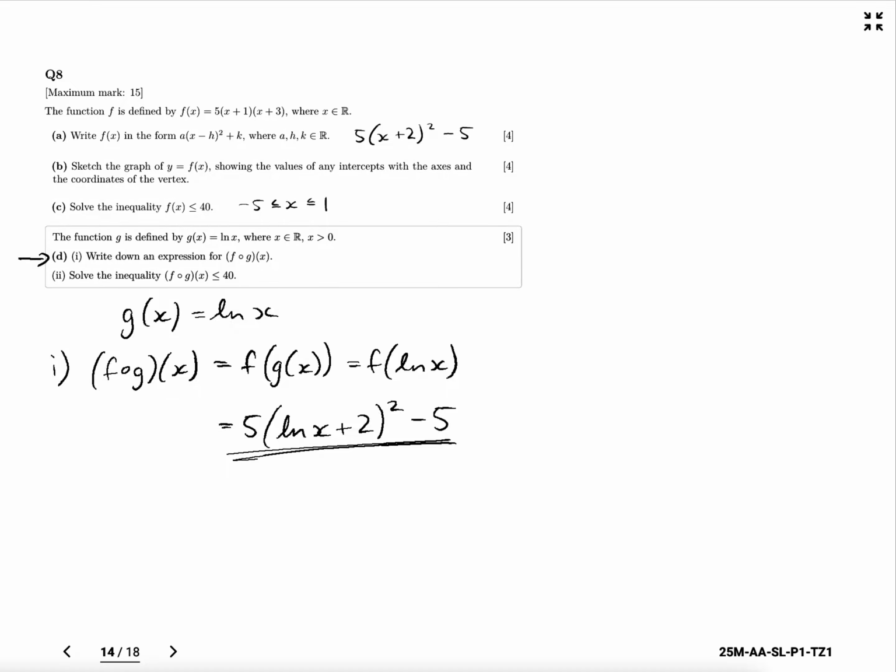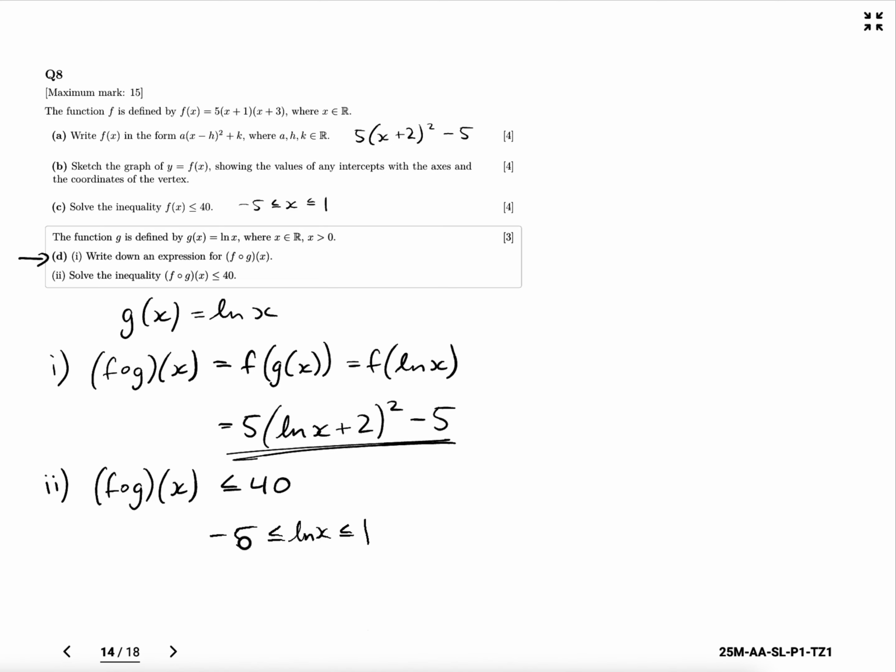And part 2, solve the inequality f∘g of x is less than or equal to 40. So we now have this expression less than or equal to 40. And we can take a shortcut here, because for part C we solved the same thing but for x, and we found that x was between -5 and 1, and now instead of x we're going to put ln x.